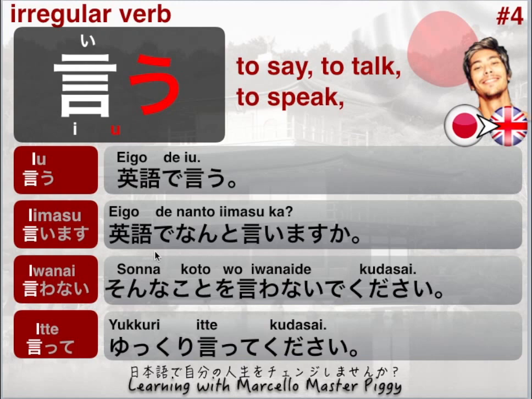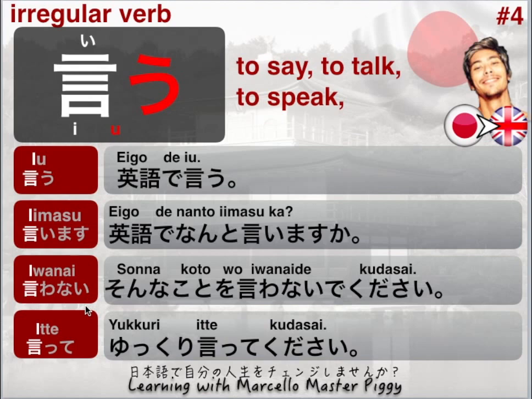Japanese people can ask you this question, how do you say this in English, but you can also use the sentence 日本語で何と言いますか? How do you say it in Japanese? Pointing to things and stuff. 日本語で何と言いますか? A very useful phrase.